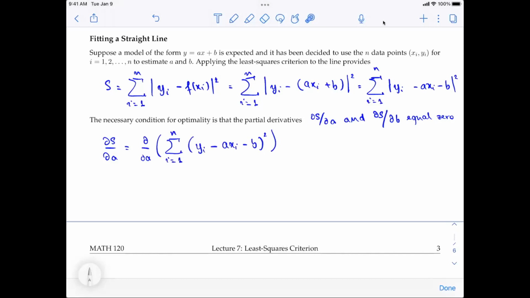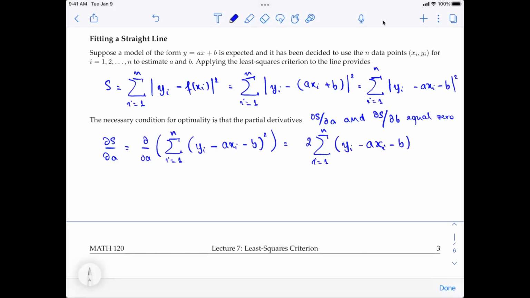So we can take the derivative of this part of the function only. So this is the square, so you're going to bring down the square. So it becomes 2 times the summation for i going from 1 to n of (y sub i minus a times x sub i minus b).